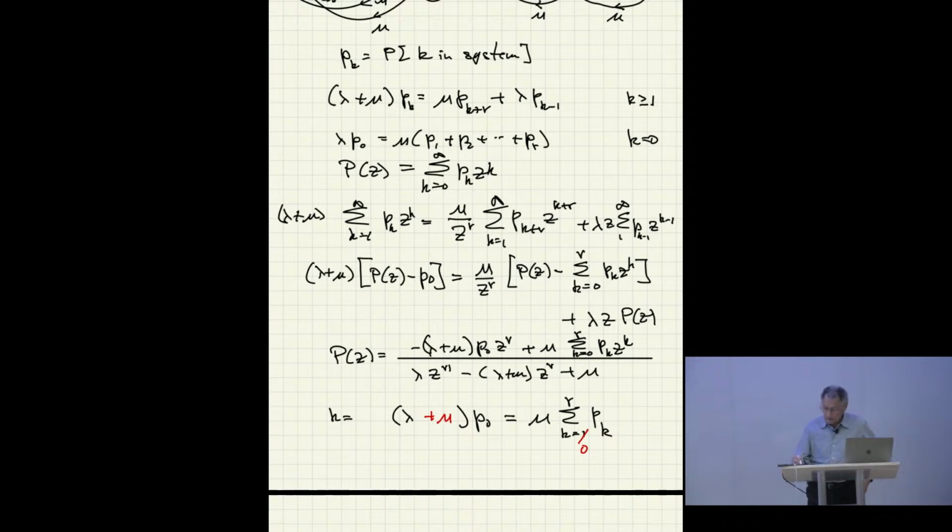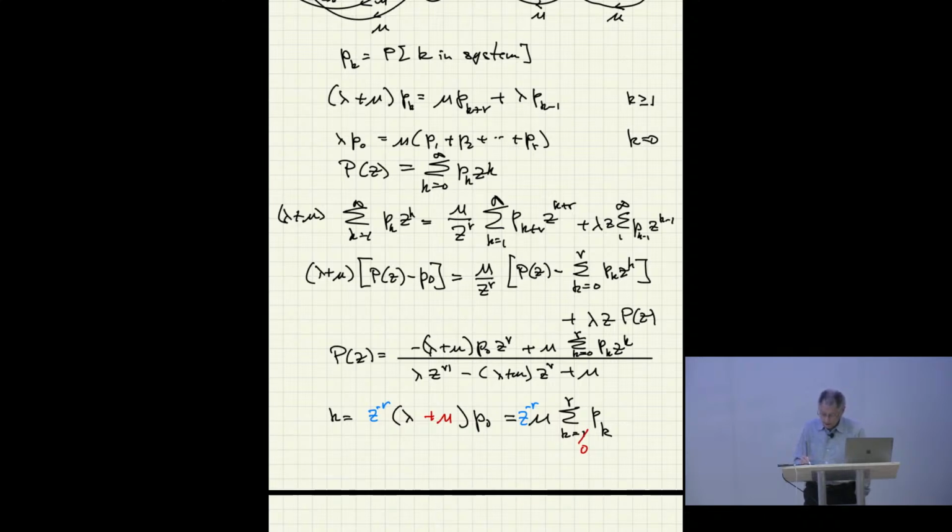And I'm also, let's do another color, I'm going to multiply everything by z to the minus r. And now look what's going on here.